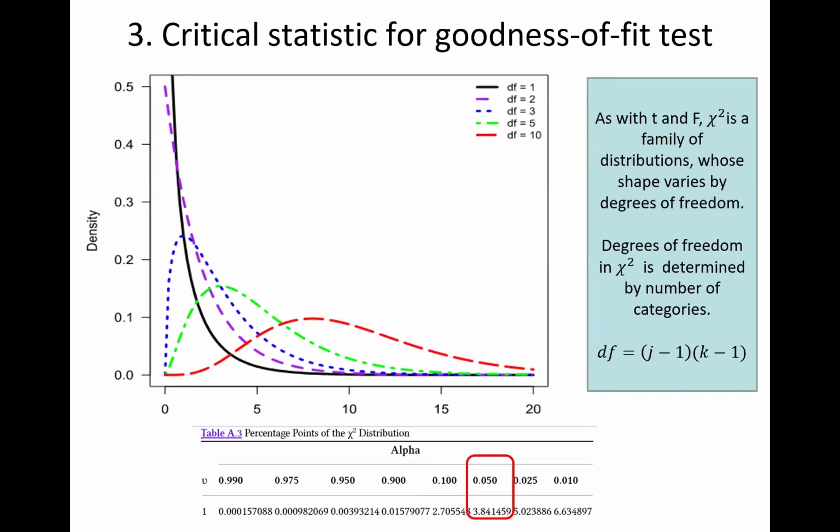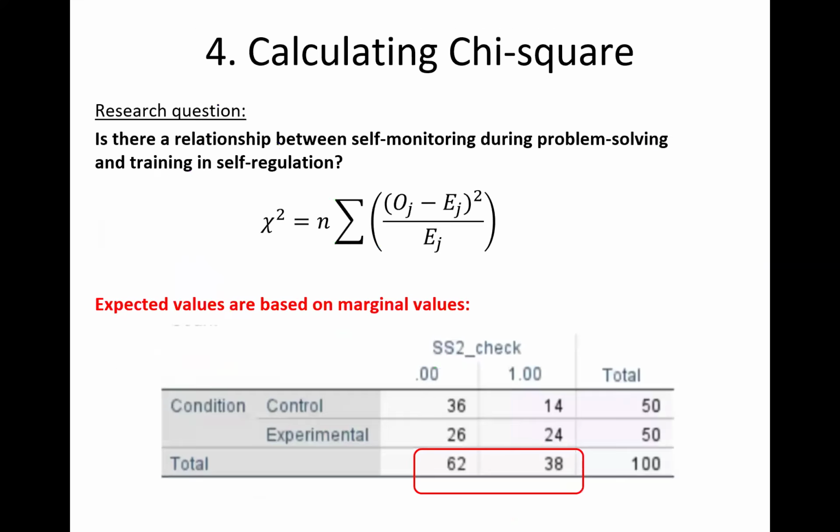So now we're assuming alpha of 0.05. We have our critical statistic, and we go on to calculate the chi-square for the test of independence. It's a little bit more complicated because you have to have the marginal values.